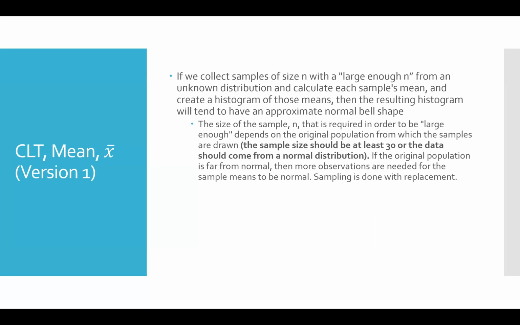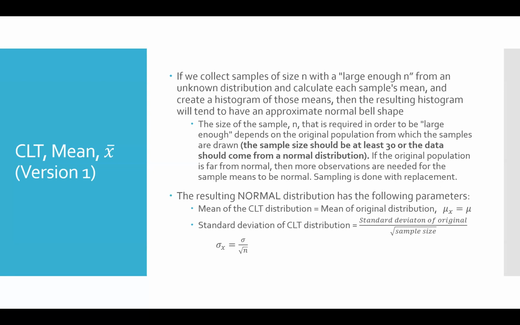And again, the result, and I'm going to tell you the result, and then I'm going to show it to you because it's really neat. I'm sure you probably don't care, but it is kind of neat to see. So we're saying regardless of what kind of distribution I start with, if I collect enough samples of size n and I create the picture, that resulting picture should be a normal distribution.